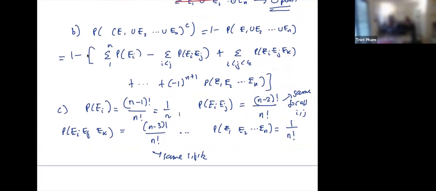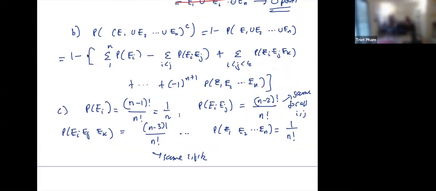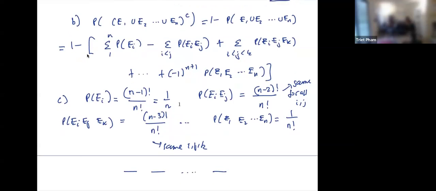And the principle is basically, again, looking at the permutation of n items. So that's why it's over n factorial. Whatever you want to look at, E_i E_j, E_i E_j E_k, what it means is that the items you're looking at are in the right positions.